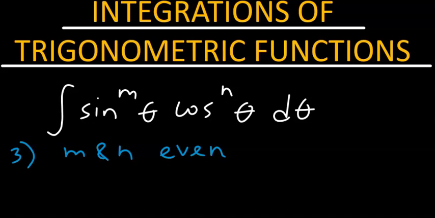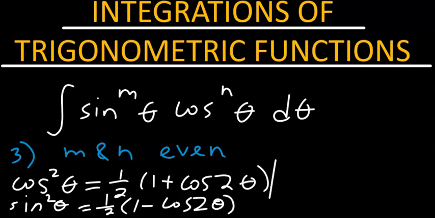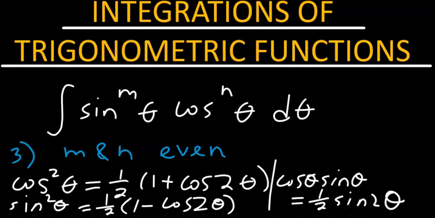For this case, we should just apply the double angle formula of trigonometry, namely cosine squared theta equals half 1 plus cosine 2 theta, or sine squared theta equals half 1 minus cosine 2 theta, or the product of cosine theta sine theta being half sine 2 theta.